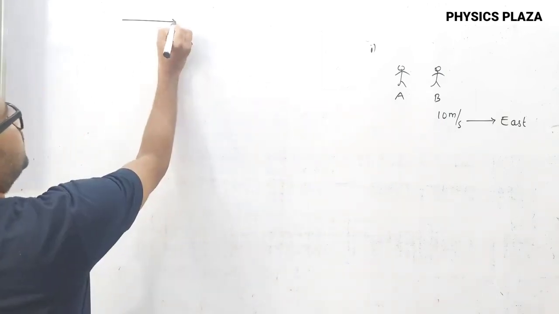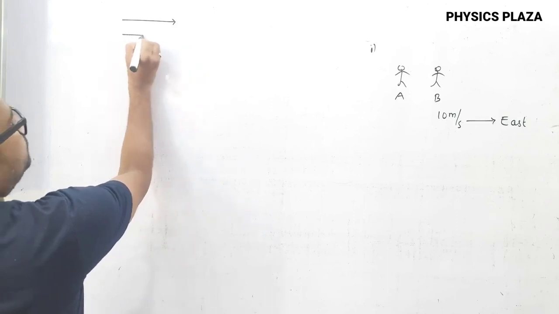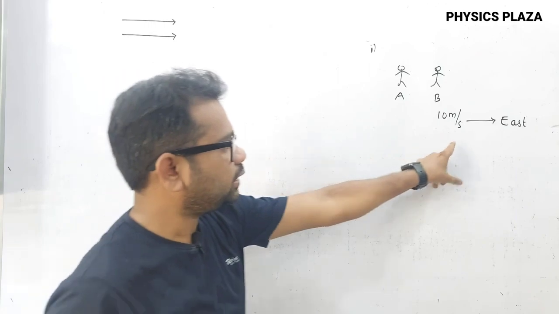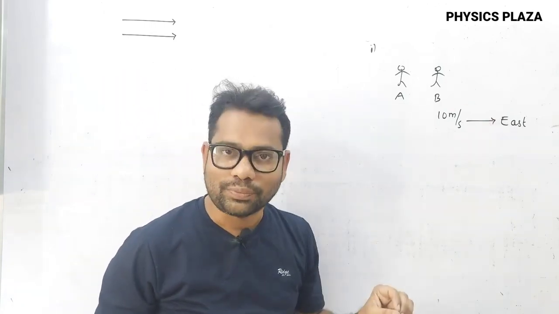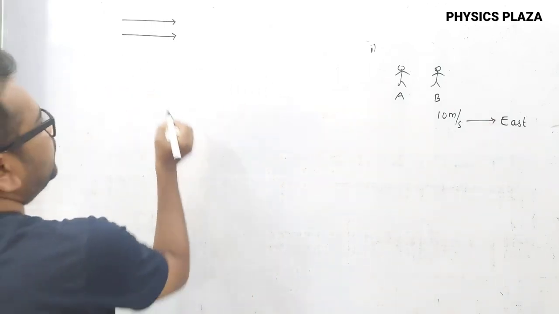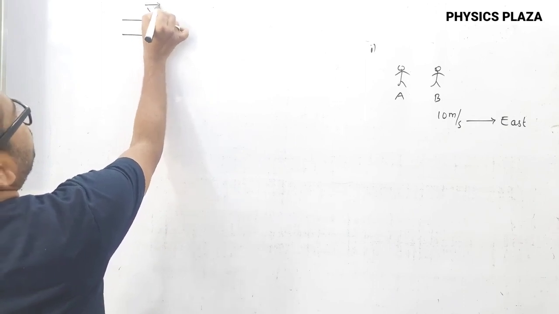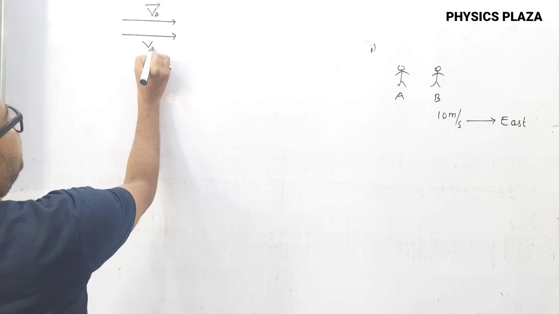I am taking parallel vectors because both are going in the same direction. So the velocity of person A I can represent with this, and the velocity of person B is like this.